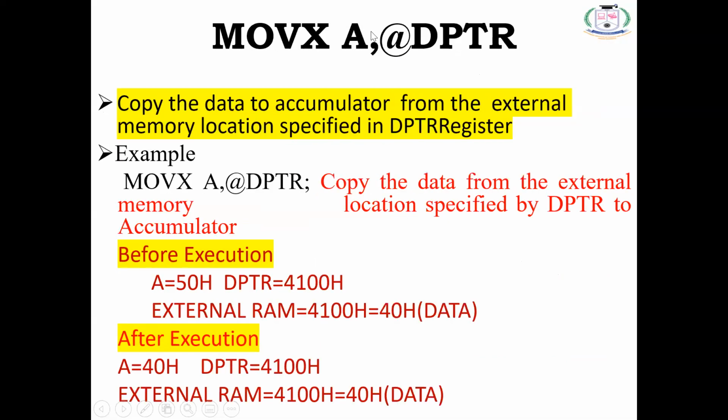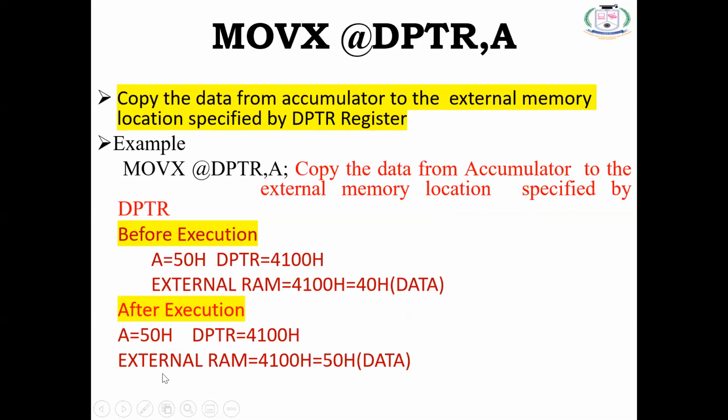Then MOVX A, @DPTR. Same concept. @DPTR is an external memory location. If I put DPTR as 4100, at 4100 what is my value? 40. That 40 should be moved to the accumulator. So after execution, what is my accumulator value? 40. Are you clear?